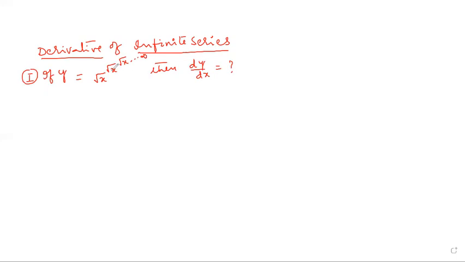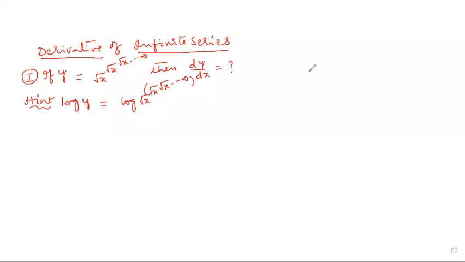Simple. Power is the variable, simply we take log. That is what we already know, like x power of x, y power of y. Power is the variable, take the log on both sides. Log y is equal to log of root x, power is the root x, power is the root x up to infinite terms.